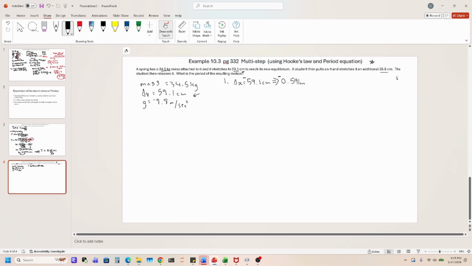So if I've got my spring here, I've got my object there, my mass of 34.5 kilograms. We're going to have a weight vector going one way, so our force with our weight, and then we're also going to have the spring pulling up because it wants to go back into equilibrium.